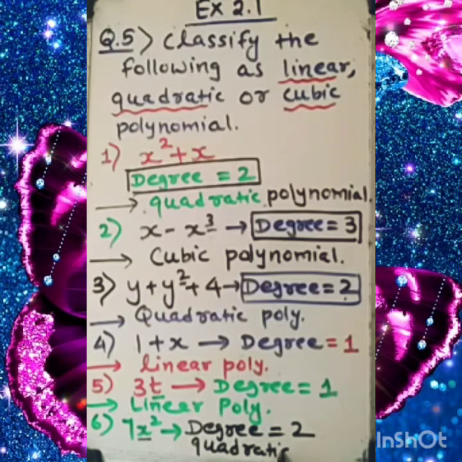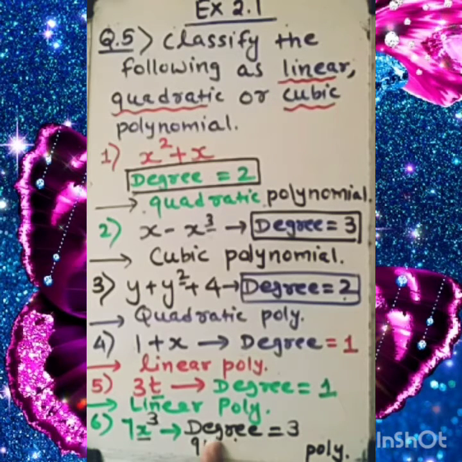Yes, 7x cube is given, so I'm correcting. There is 3, so I'm correcting. This is 3, it is not quadratic, but power 3. So I am corrected. The degree will be 3. It is cubic.